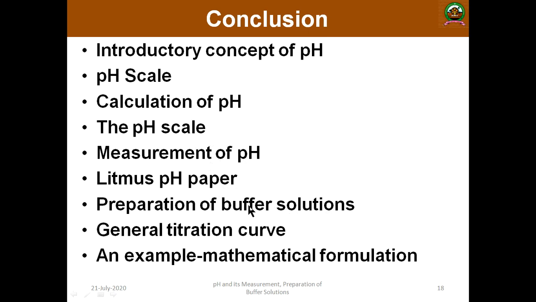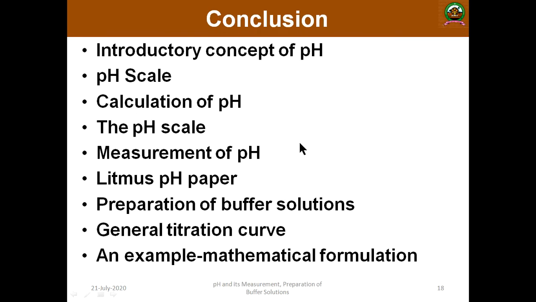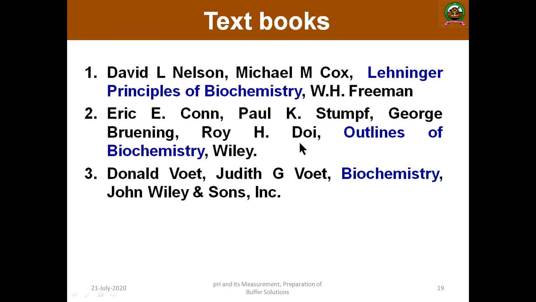And how will you prepare the pH buffer solution. Then the general titration curve, the titration curve of a weak acid and a weak base in order to prepare a buffer. We have also discussed an example of how to calculate the pH of any type of buffer using the Henderson-Hasselbalch equation. So this is all about today's class.